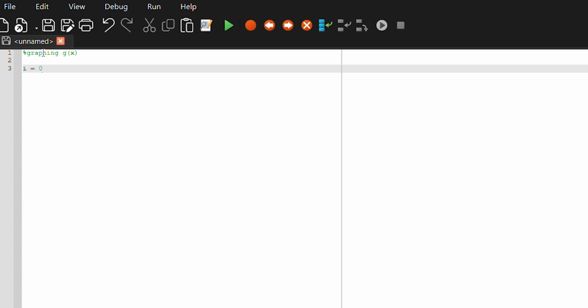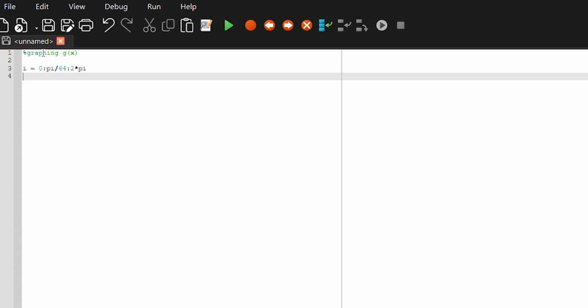So 0, pi divided by, so this is the increment we're going by. It just determines how smooth the graph is. I've decided 64 is nice. You could do 32. Have a small number, but don't have an epsilon type of small number. And we're going till 2 pi.